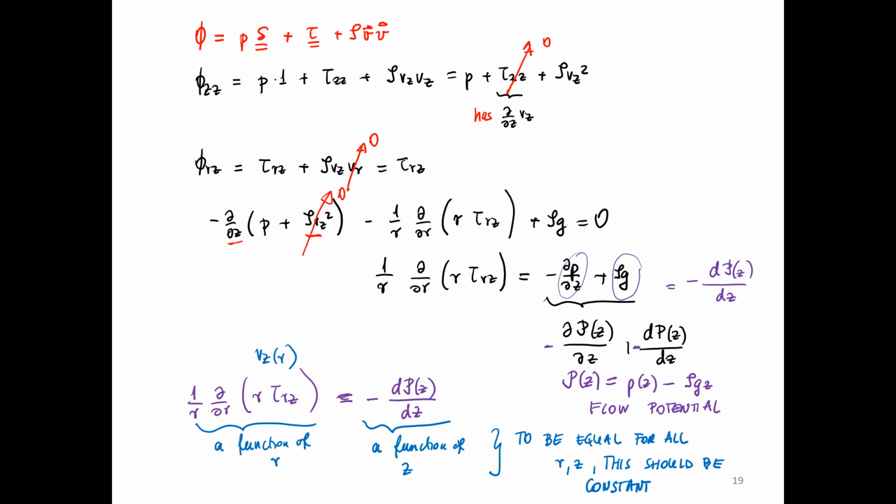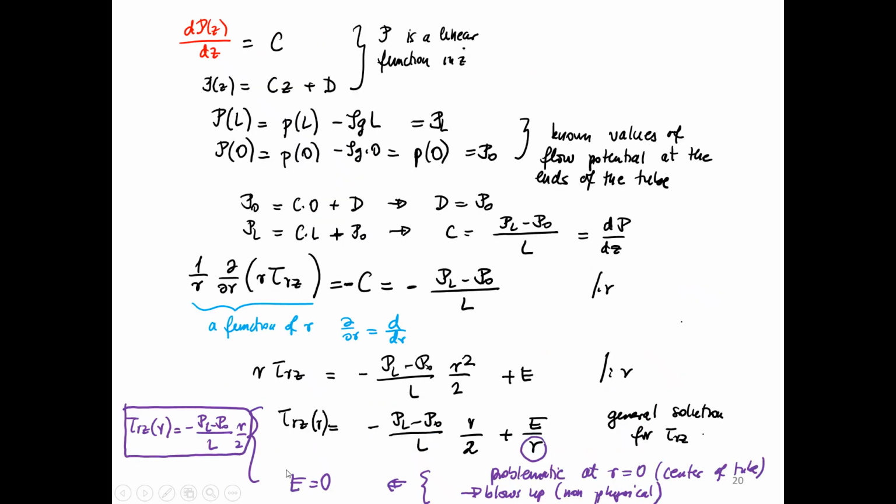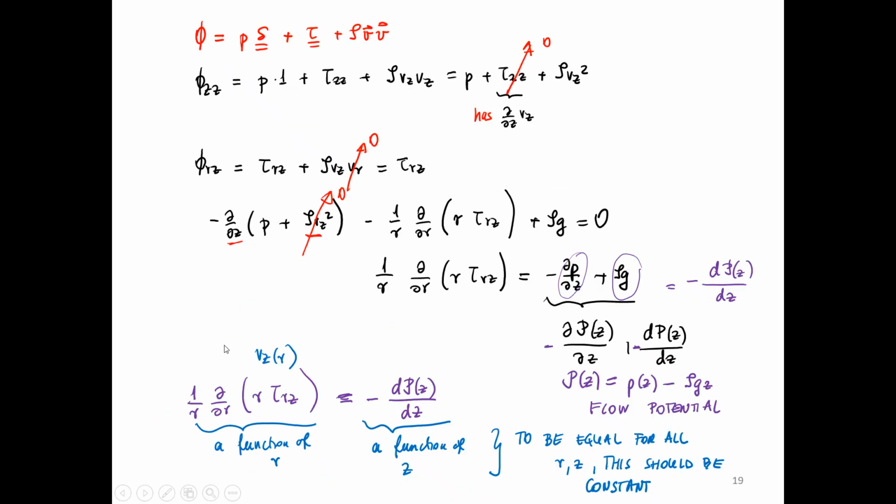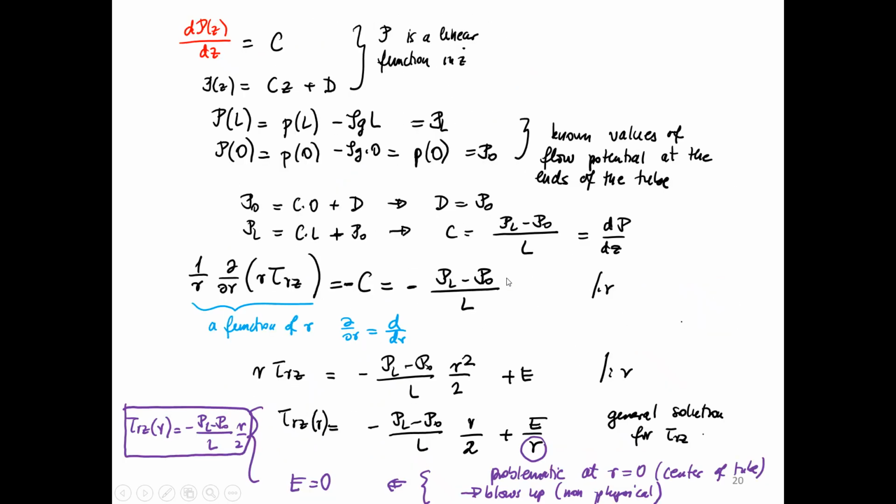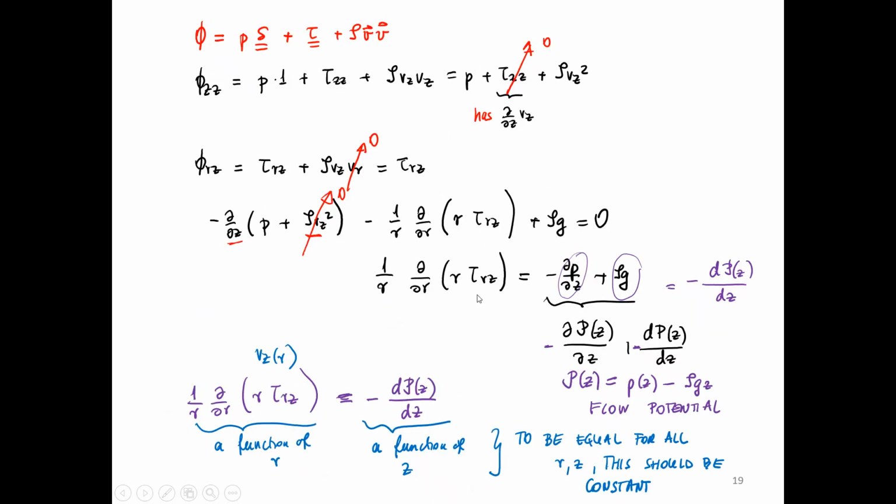Okay? So things cancel out, and I get that this is my equation when I write it down. And then to actually solve this, I notice that one portion of it depends on R, and the other portion, so my pressure changes in Z, and my velocity changes in R. Okay?